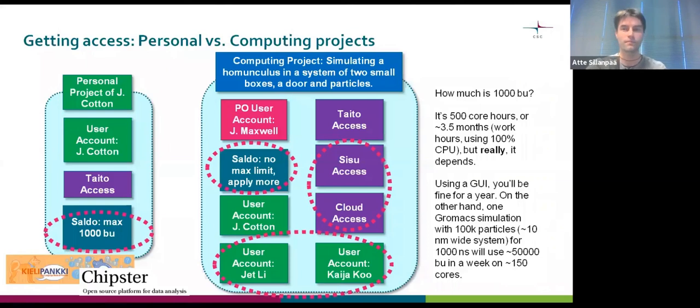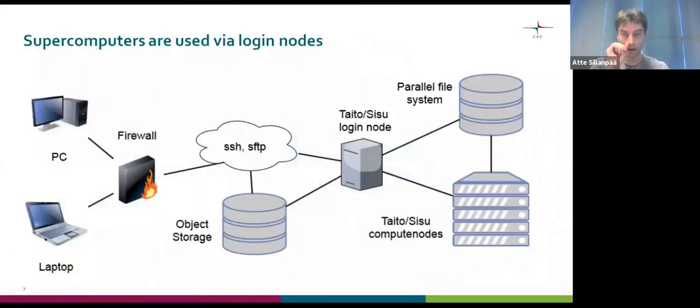Very good. So the next topic is what is the difference between using a laptop or a local workstation, and what is it to use a supercomputing environment? In this graph on the left, you have your own PCs or laptops inside your institute firewall, and then through the internet, you're using either SSH or SFTP to connect to Taito or Sisu login node.